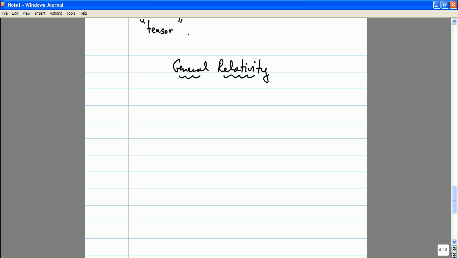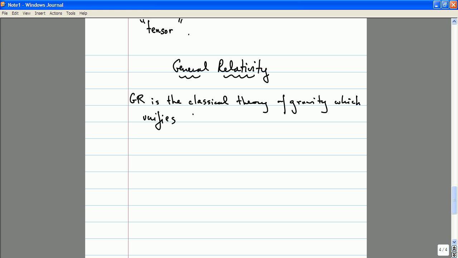So, what is general relativity? General relativity is the classical theory of gravity which unifies special relativity with Newtonian gravity.